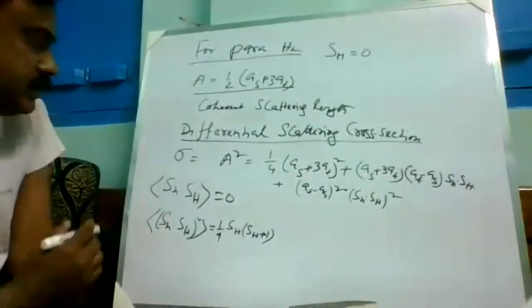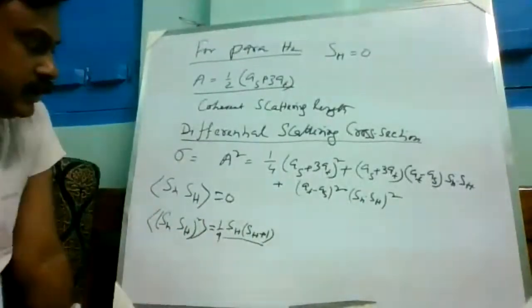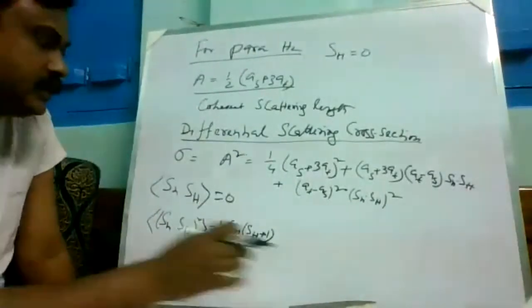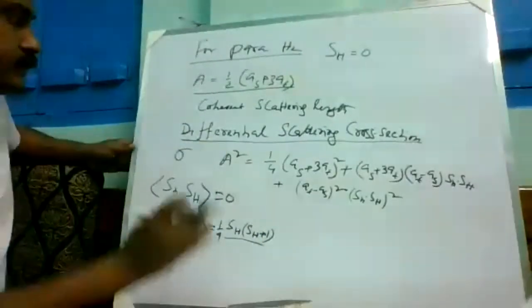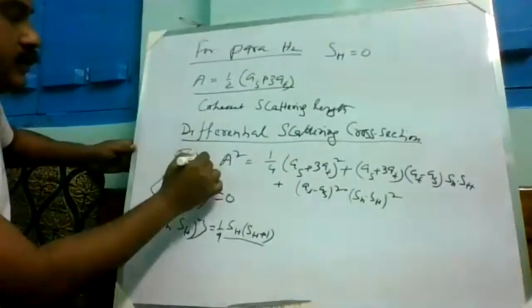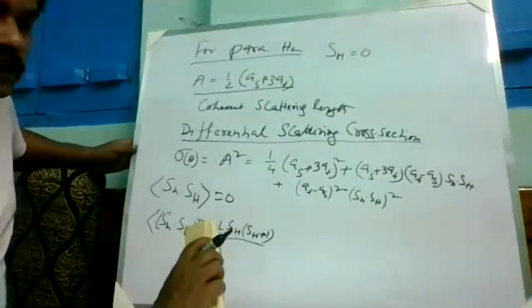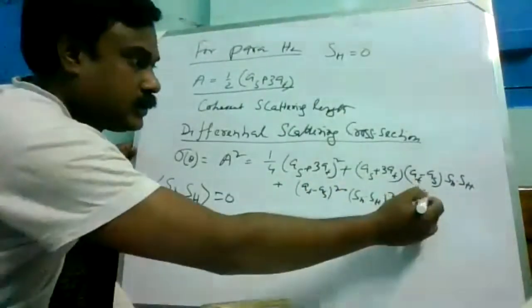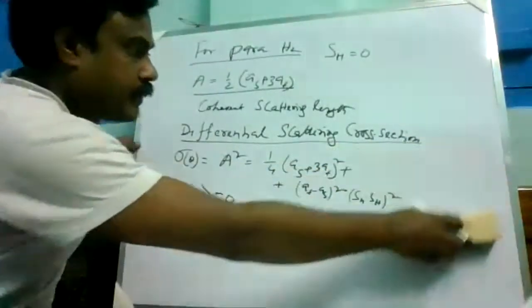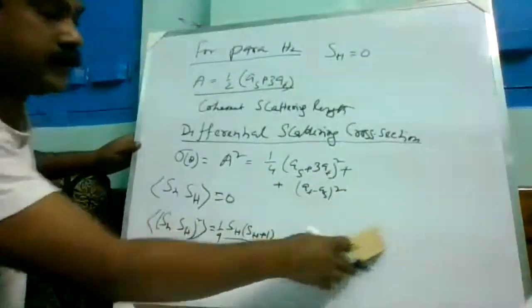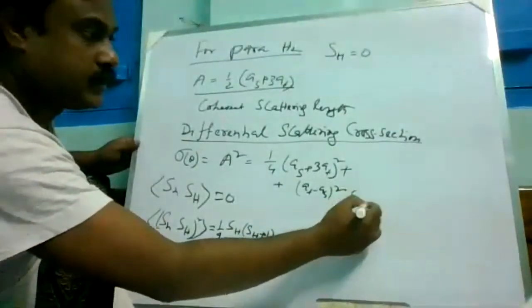So sigma theta will be equal to this, where this term is 0 and we put here this term SH.